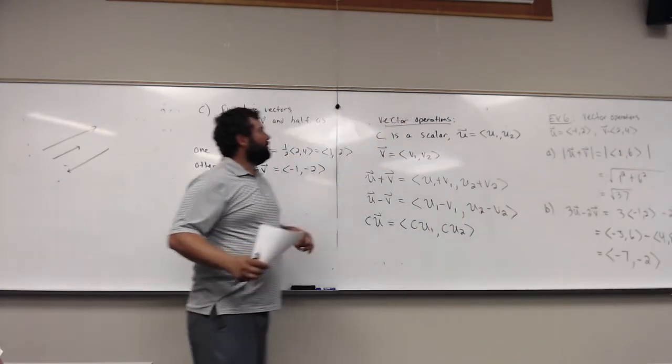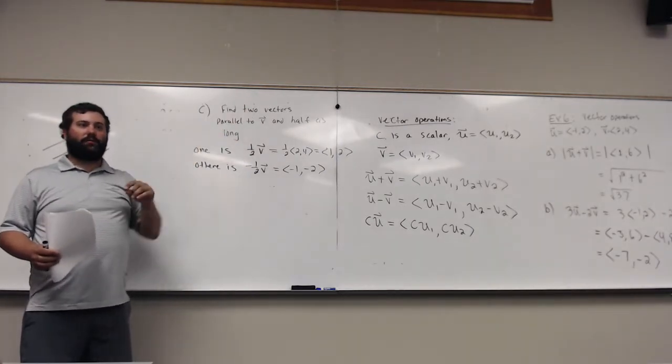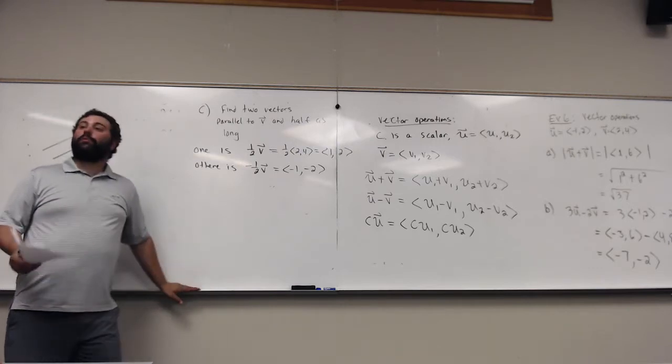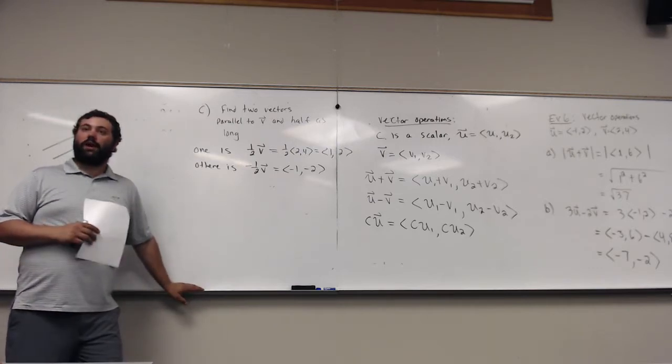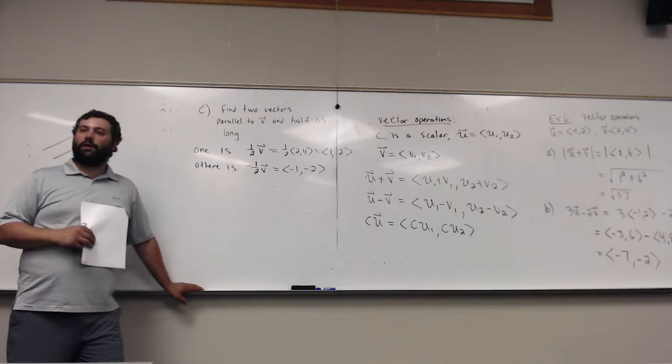So just to recap one more time, we talked about geometrically adding and subtracting vectors, parallelogram rule, triangle rule. Then we talked about the components as this being the direction to get from the tail to the head. Okay. And then we talked about how to find the length or magnitude, which is just the square root of the sum of the squares of the components.